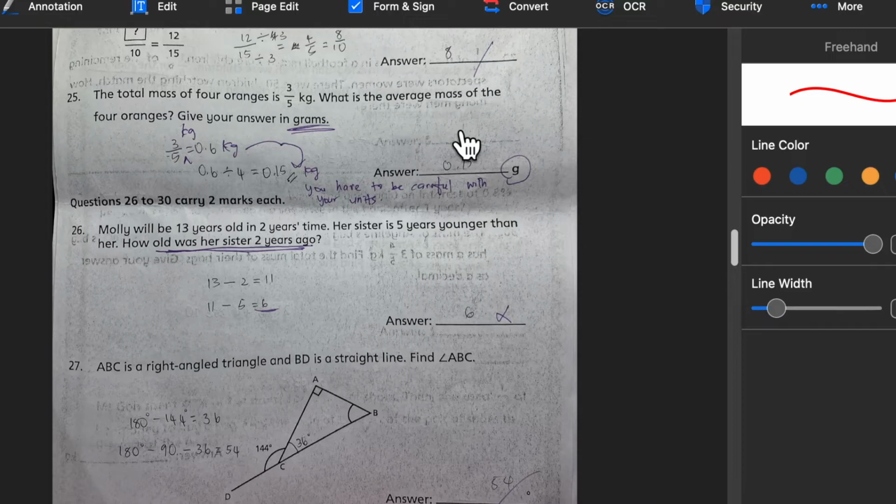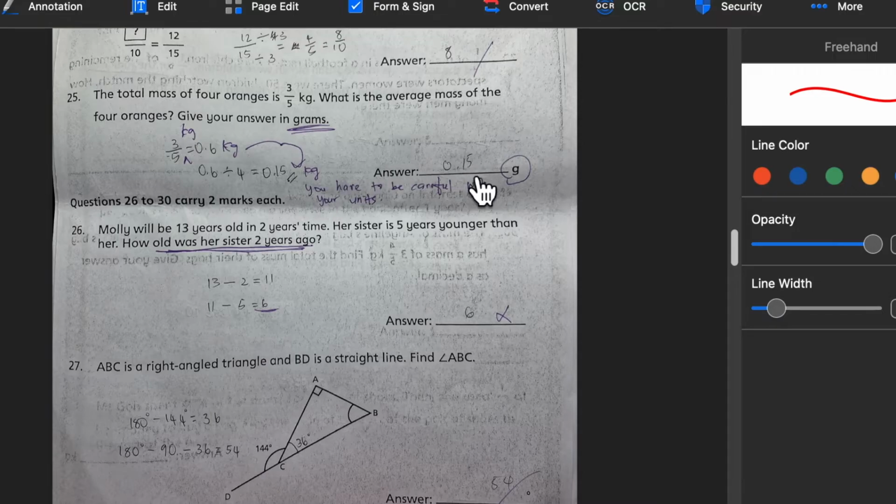Do you notice that you are very careless with your conversion? Because here says kilogram, and then it wants you to express it in grams. But over here you have to label 3/5 kilogram is actually equal to 0.6 kilogram.